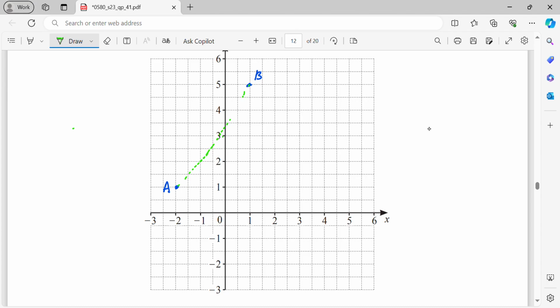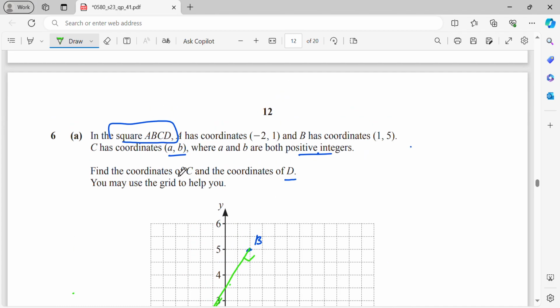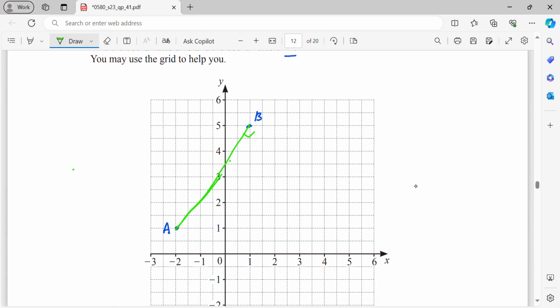When you draw a straight line, now from here it should be 90 degrees. Then I need to get C and D. Since C has both coordinates positive, expected your C will be somewhere here, so that it will be a square.